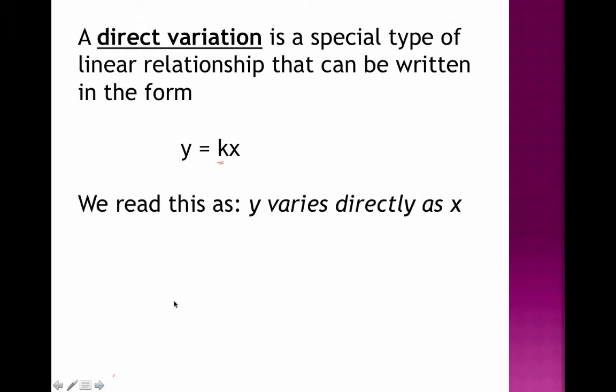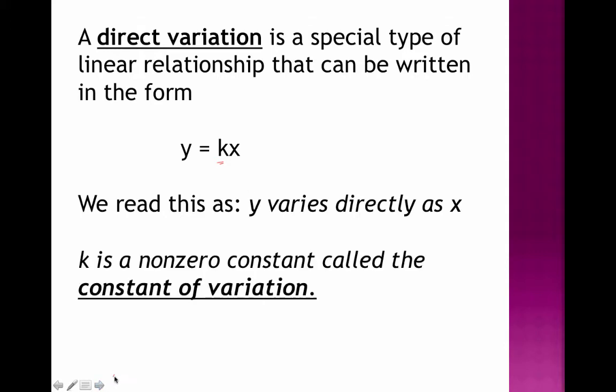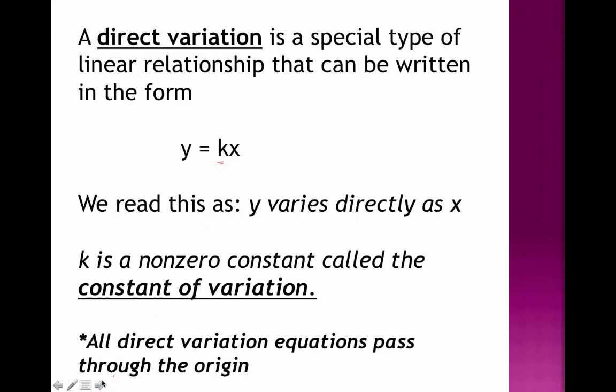So we read this as y varies directly as x, where k is a non-zero constant called the constant of variation. So this k is just simply known as the constant of variation. Exactly like my slope, but in a direct variation, it's called the constant of variation.